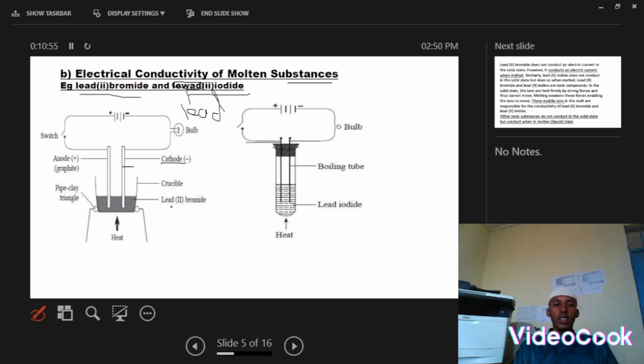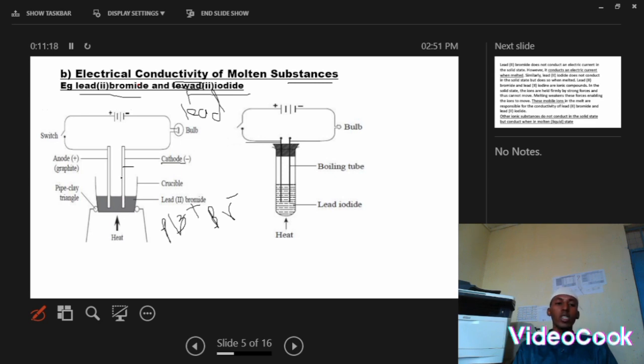When we heat this compound, lead-2 bromide, it forms lead-2 ions and bromide ions. Remember, lead-2 ions are positively charged and bromide ions are negatively charged. Since lead has a positive charge, it migrates toward the negative terminal of the battery.